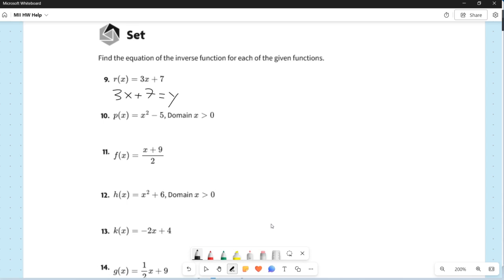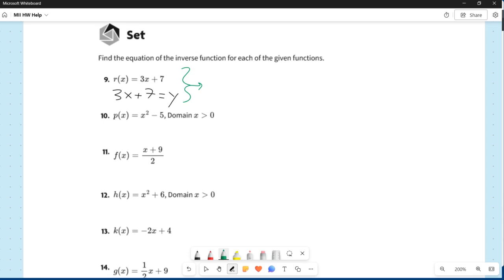And the reason why I swapped the equal sign is because what we're going to do now is switch x and y. Right? So we're going to change our equation. We're not really going to do any algebra, but we're literally going to, wherever we see the x, put the y, and everywhere we see the y, put the x.